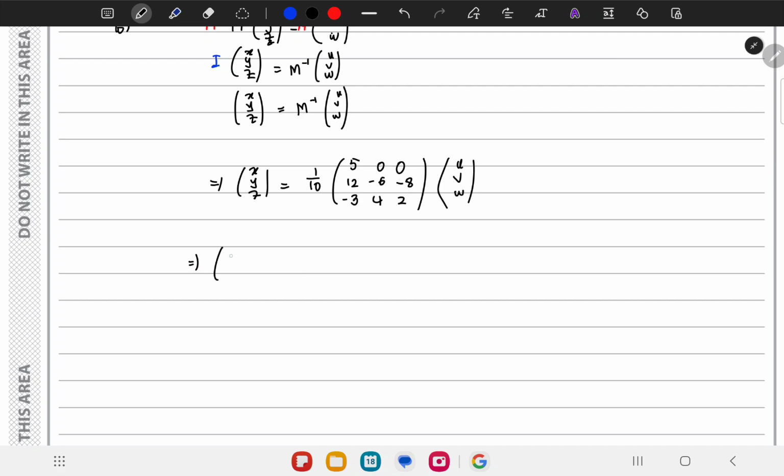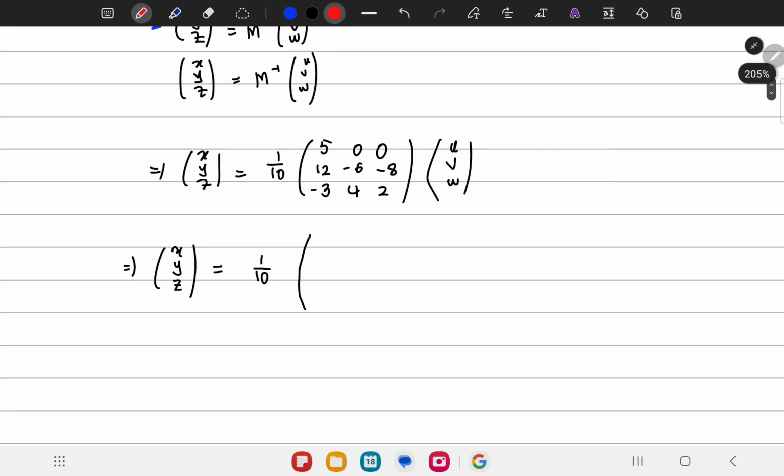Now we just do matrix multiplication. We are multiplying a 3 by 3 matrix with a 3 by 1 matrix. So what we get back is a 3 by 1 matrix.